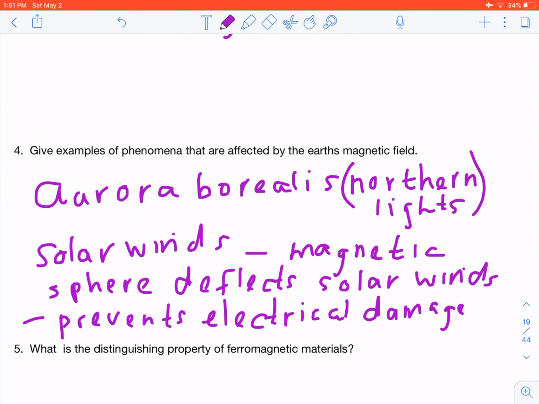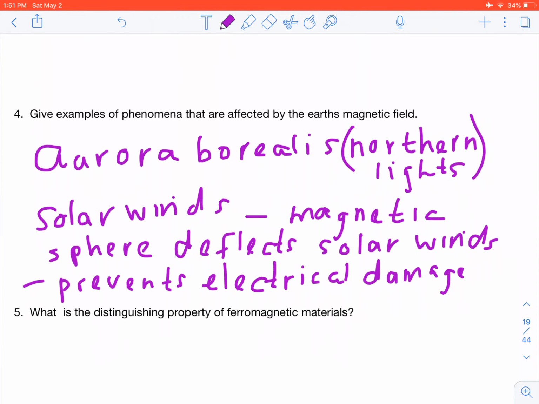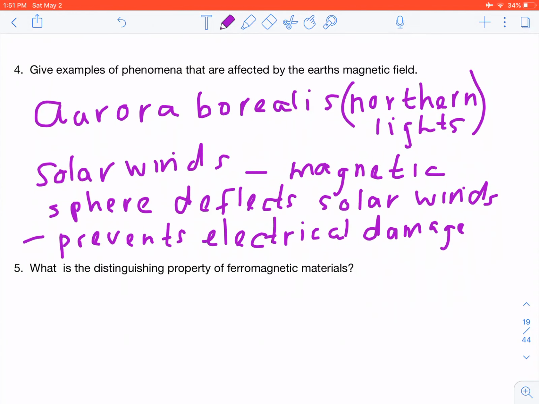Imagine all our electrical lines, and if we had these solar winds moving past them, and we know that these solar winds are highly charged and they have magnetic fields, that will mess up our satellite systems and a huge range of electrical apparatus.